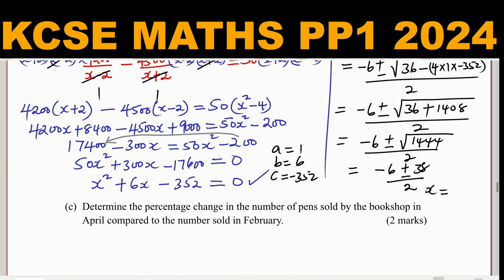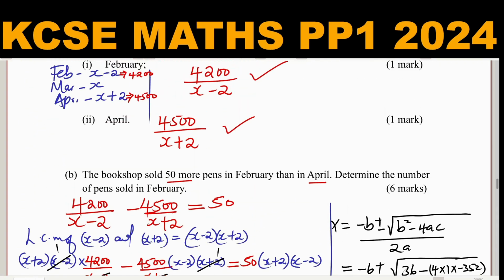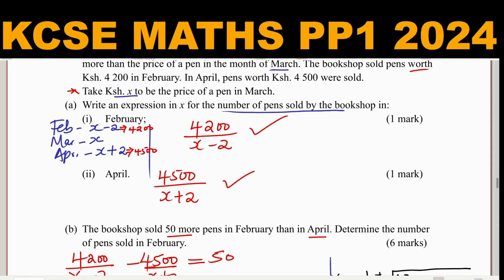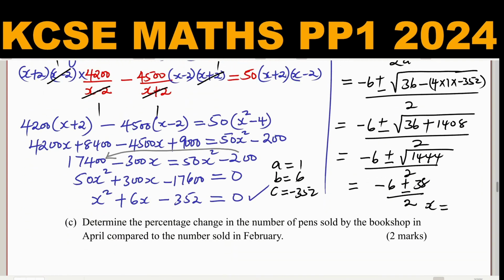Remember, you get two values of x. You're going to ignore the negative one, since x represents the price, that is the cost of a pen, so it can't be negative. Therefore the one that will give us positive is negative 6 plus 38, divided by 2. If you consider negative 38, that will give us negative.